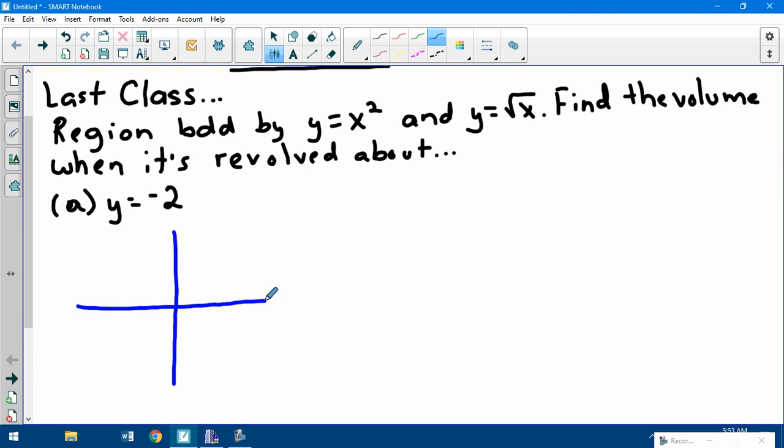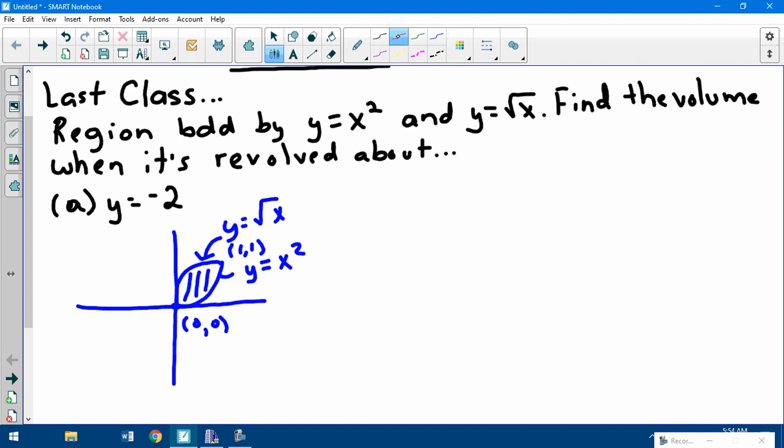But we had y equals x squared, looking something like that, and y equals radical x, looking something like that. So that's x squared, that's radical x. And we know the intersection points. We got one down here at 0, 0, and we also have one up here at 1, 1. And that's my region.